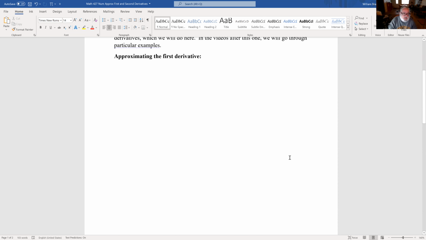So what we want is an approximation of the derivative in terms of the function.